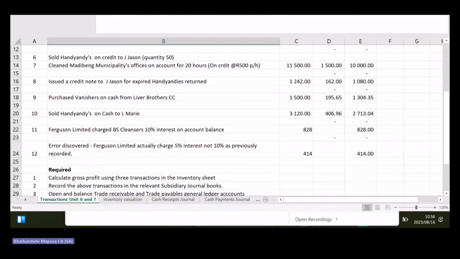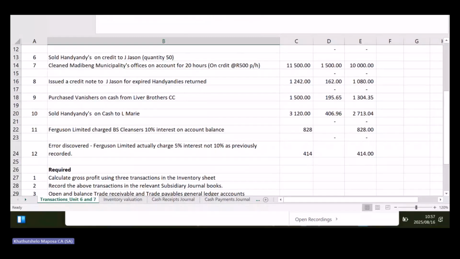So our supplier charged us interest of 10%. Did you buy or sell anything there? No, we did not. This transaction does not fit in any of those, and we didn't return anything. And where do you record this? General journal. That's 100%.